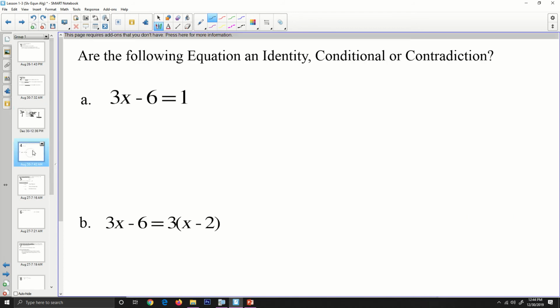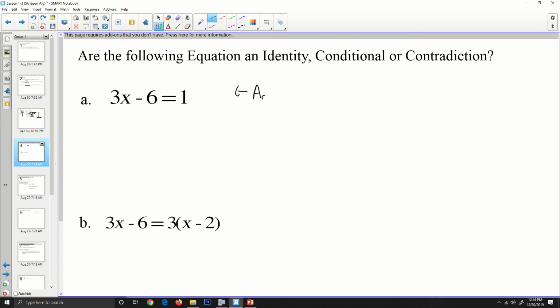And so just as a quick example, a couple examples of this, it says, are the following an identity, a conditional, or a contradiction? The best way for us to talk about how we're going to do that is we're just going to solve and see what happens. Following my order of operations here, I'm going to work at the bottom. I have a subtraction, so we're going to do the opposite.